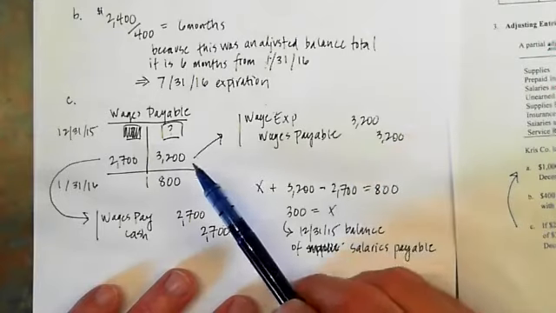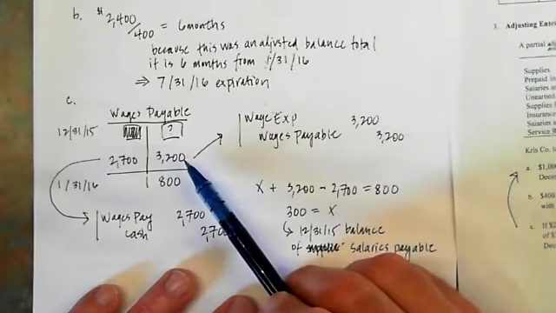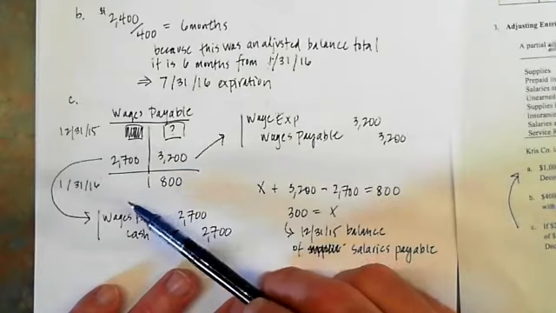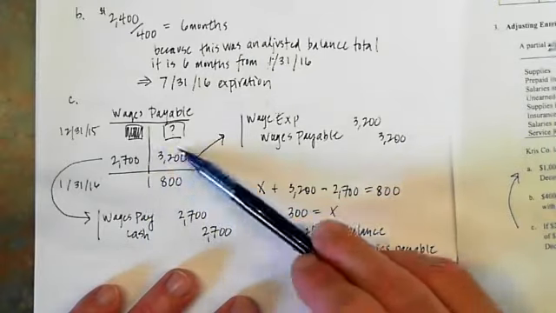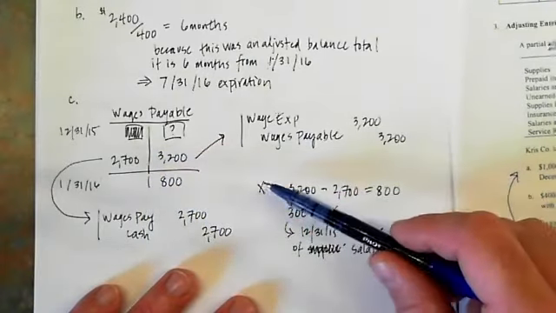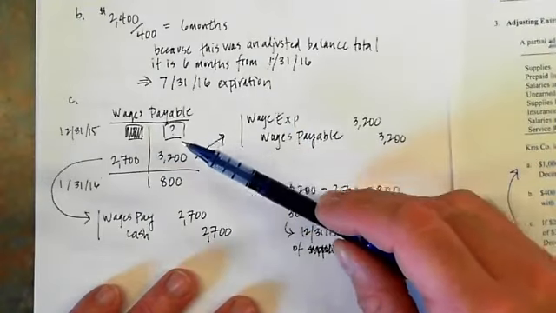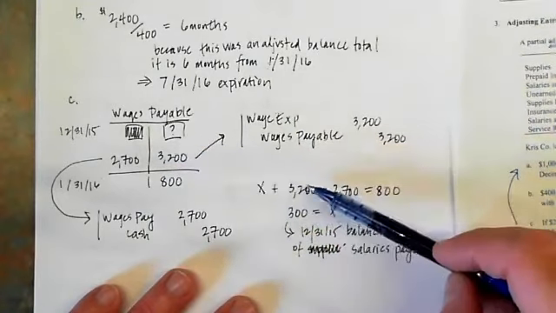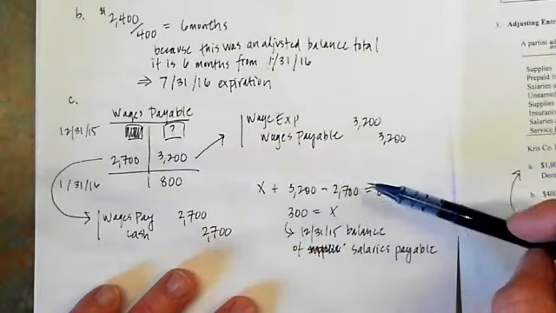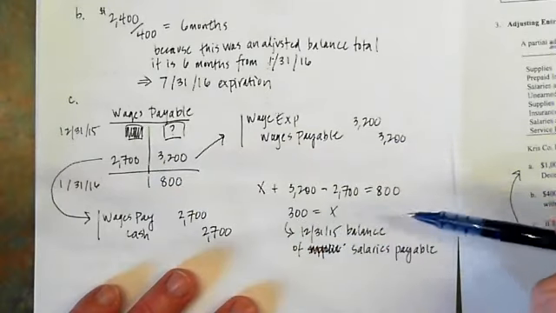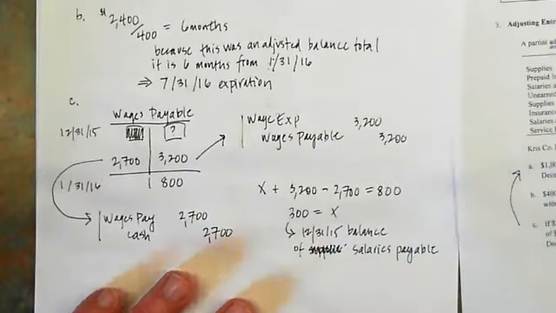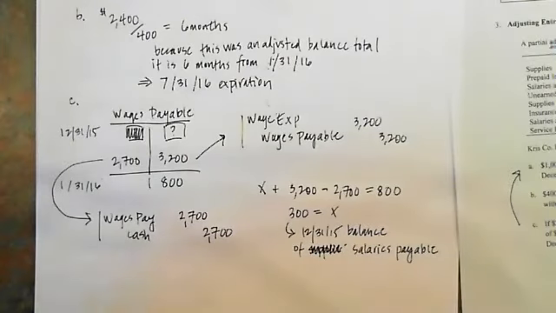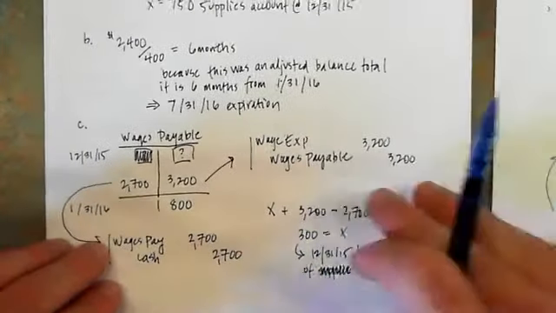Well, that tells you what you put in the wages payable account as a credit. And then again, you just reconcile the balance of this account so that you have X plus $3,200 because it's a credit balance, minus 2,700 equals 800, solve for X, and that gives you the balance of the supplies payable, not the supplies, sorry, the salaries payable account.